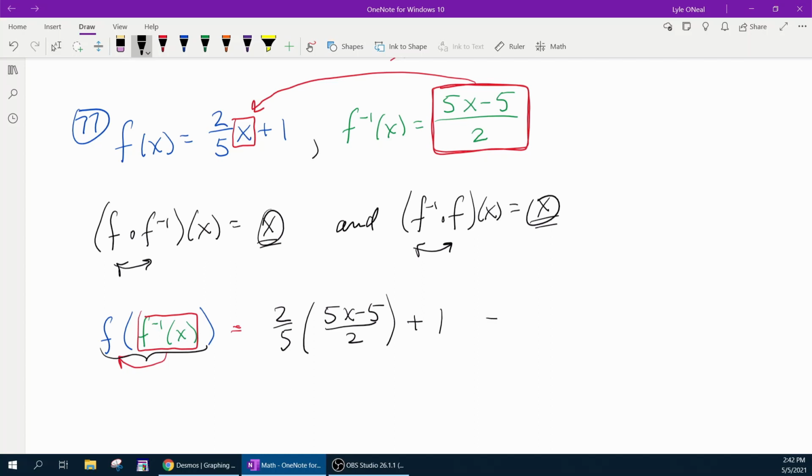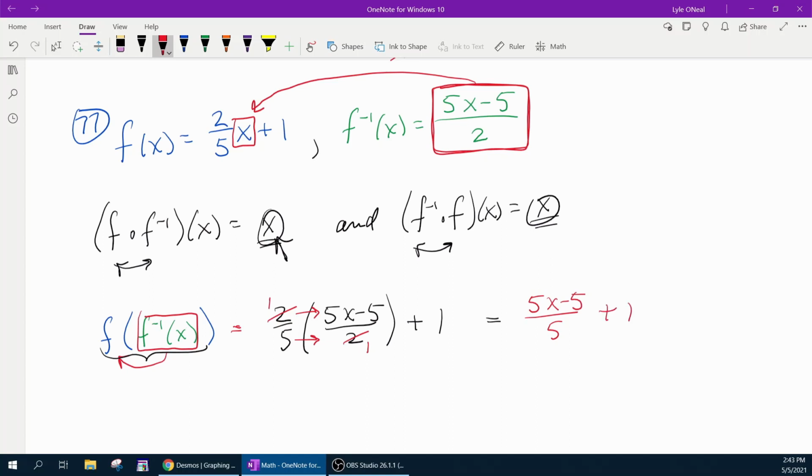And then we need to simplify this to see if it simplifies to be only x. So the 2's are going to cancel, and that's going to leave me with (5x minus 5)/5. Remember, if I multiply fractions, I go straight across. And the 2's cancel means they divide it and make 1's. So 1 times anything is itself, gives me (5x minus 5)/5 plus 1.